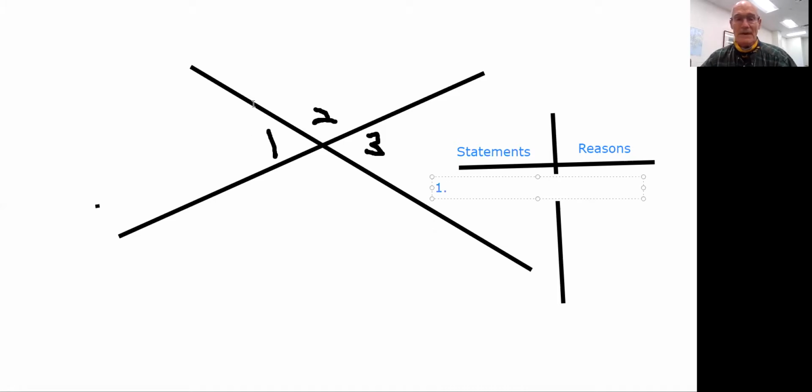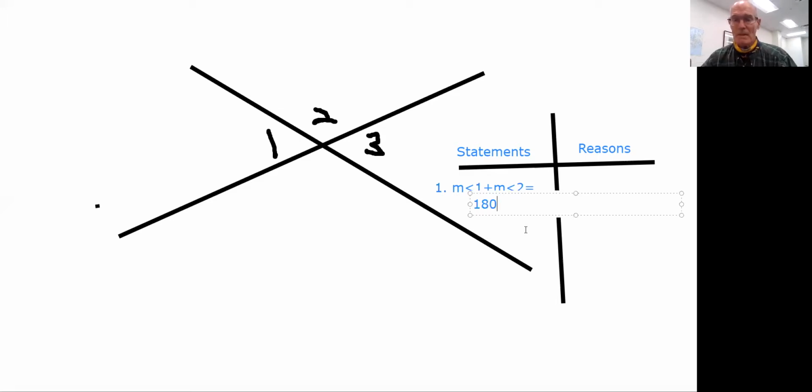We'll put down that the measure of angle 1 plus the measure of angle 2 equals 180.